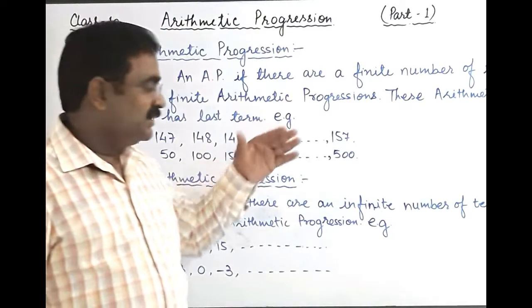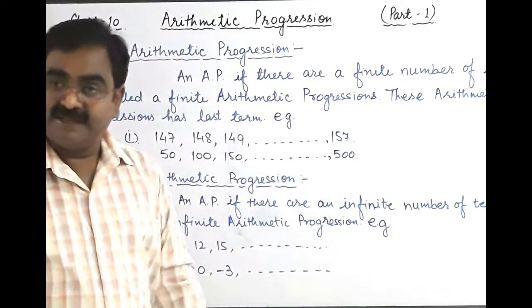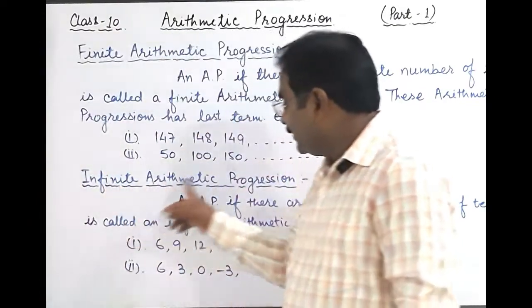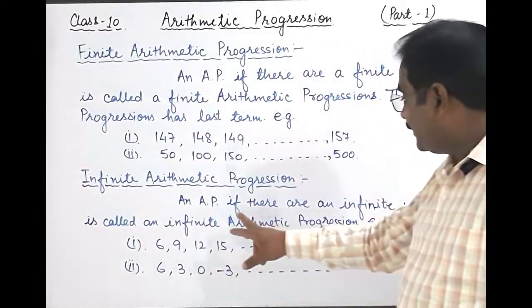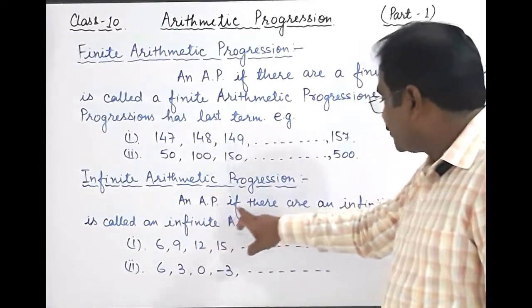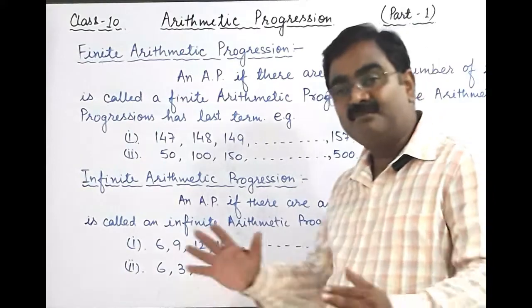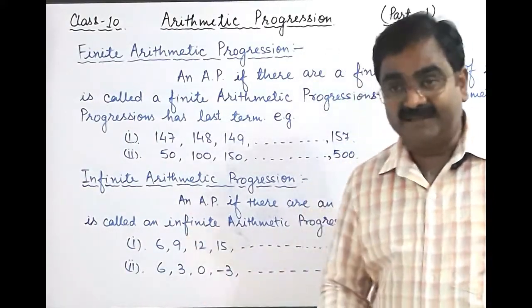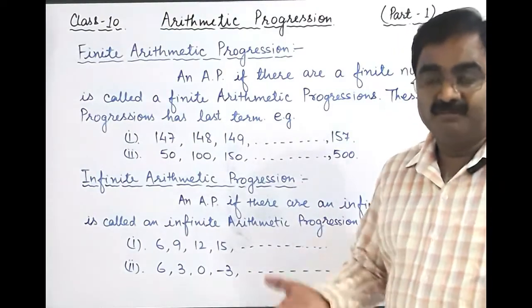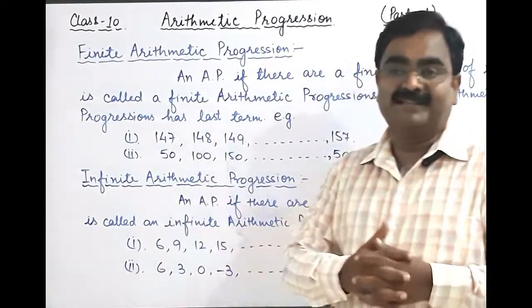Right? Let us see the second type of arithmetic progression, which is infinite arithmetic progression. In an infinite arithmetic progression, if the number of terms is infinite, we cannot count how many numbers are there.